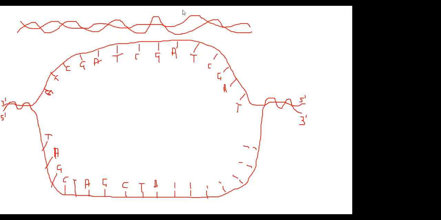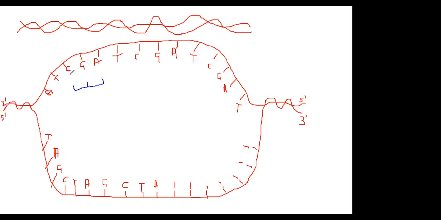So a different enzyme actually comes along, and the enzyme is called a primase enzyme, and it's going to add a short primer, a short RNA primer. This is a little piece of RNA which is complementary to the DNA.